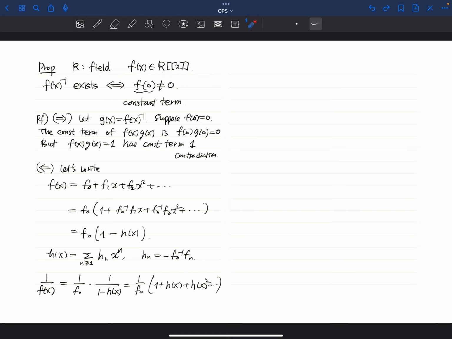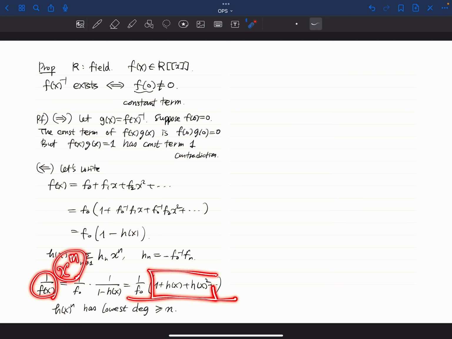So as we saw before, h(x) to the n has lowest degree greater than or equal to n. So if you want to compute the coefficient of x to the m here, all you need to do is look at just the terms up to h to the m.